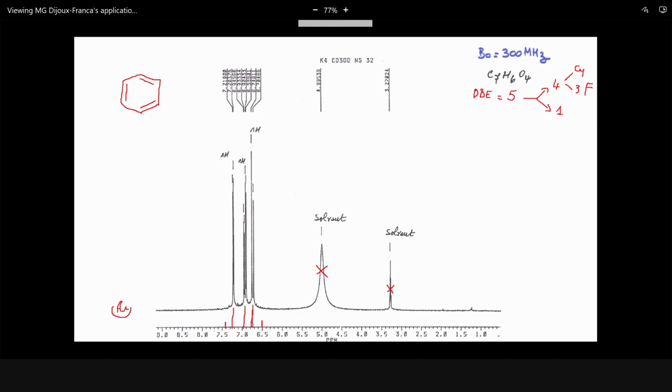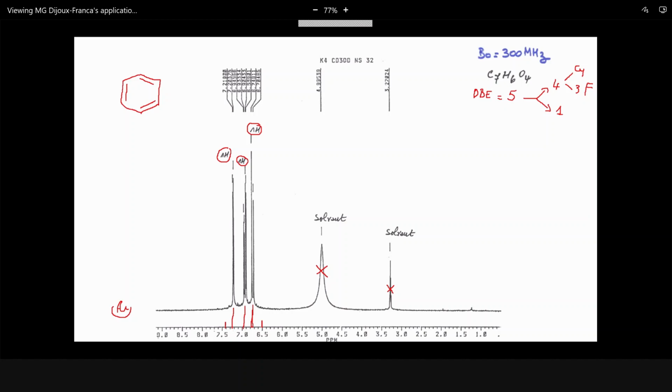It is said here that I have 3 protons, each signal is for 1 proton. So on this aromatic ring, I have 6 carbons but only 3 protons.